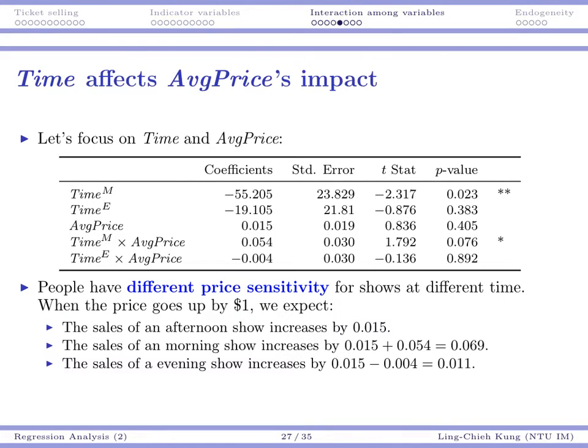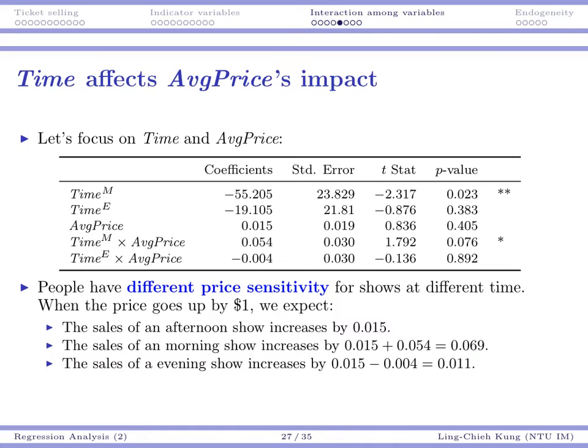If this is an afternoon show, then time E and time M will just be 0, right? So these two variables will not be here. And the only impact from price to sales is 0.015. So when the price goes up by 1, if this is an afternoon show, we expect an increase of sales by 0.015.